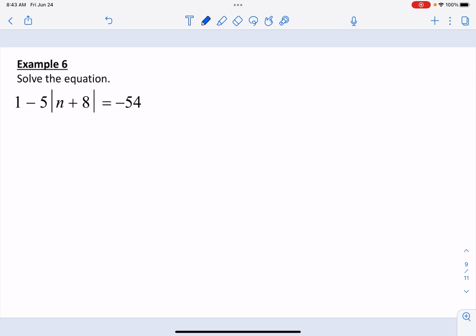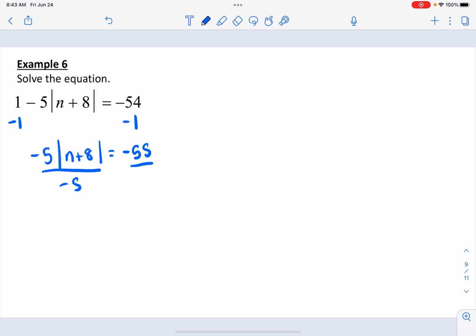So what you need to understand is you cannot simplify the 1 minus the 5. The 5 is being multiplied to the absolute value of n plus 8. So I first have to subtract the 1. Then I divide by a negative 5.